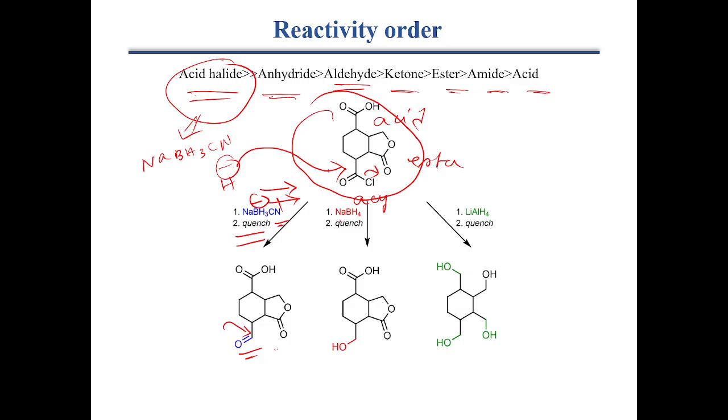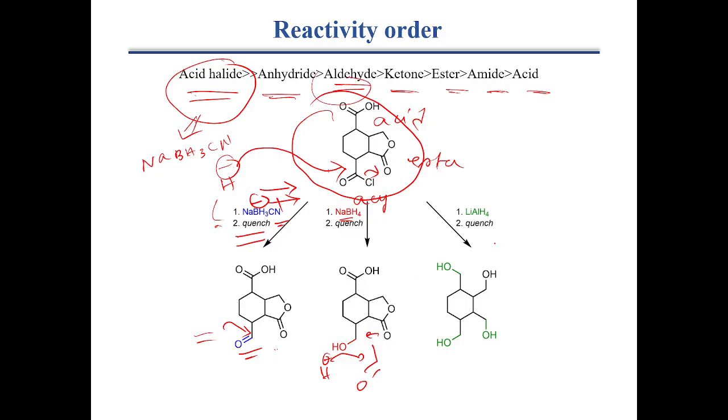But in presence of sodium borohydride, first it will form aldehyde and then a further molecule of hydride attacks the aldehyde, giving this alcohol. This is the reactivity order. Sodium cyanoborohydride only reacts with acyl halide, but sodium borohydride reacts with both acyl halide and aldehyde.